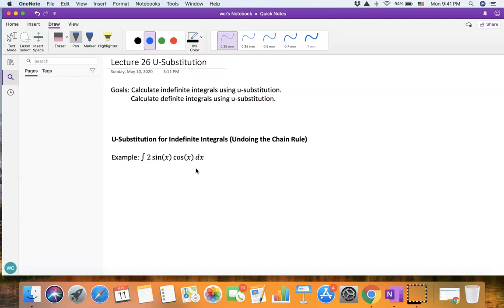No matter what your idea is, one thing you should never do is write this as a product of two integrals. This is totally incorrect, because we don't have such a rule.